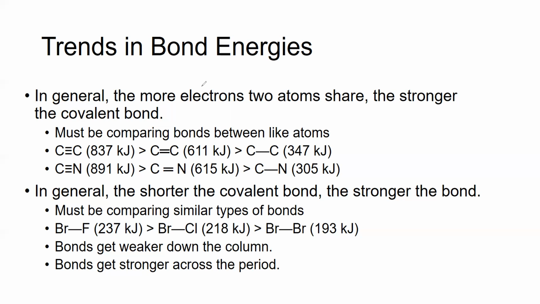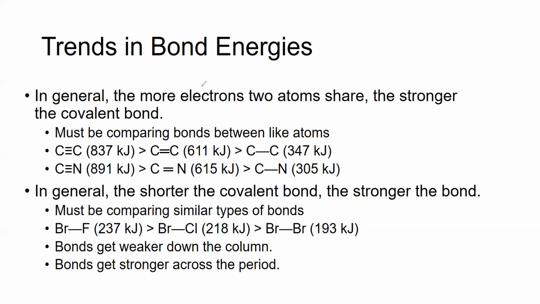If you remember, a covalent bond is when two non-metal atoms are sharing electrons between each other. A single bond is when you are sharing 2 electrons. A double bond is when you're sharing 4 electrons. A triple bond is when you're sharing 6 electrons. The idea is the more electrons you're sharing between each other, the stronger the bond.